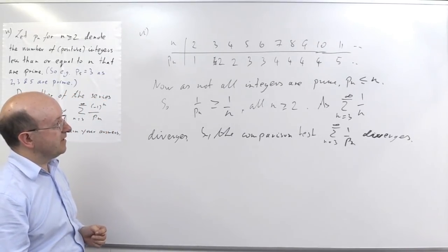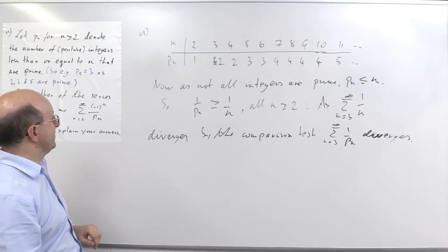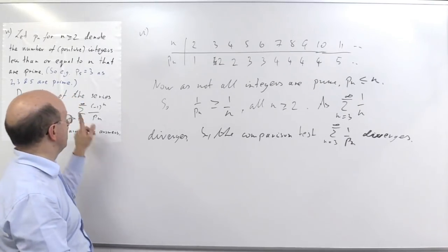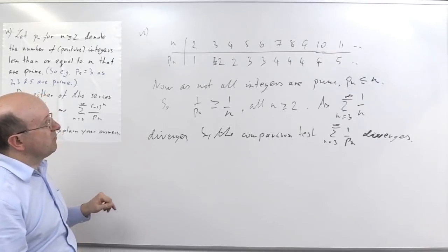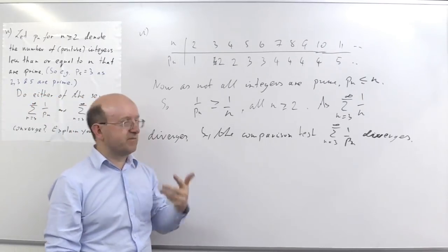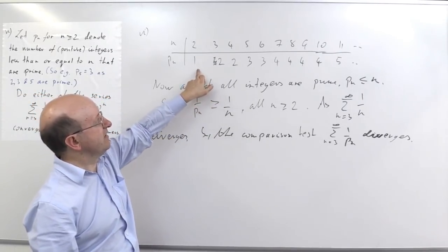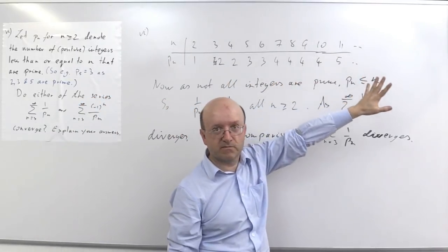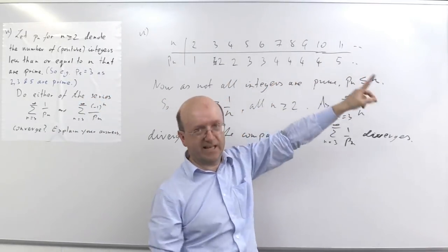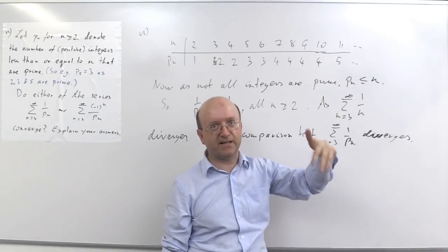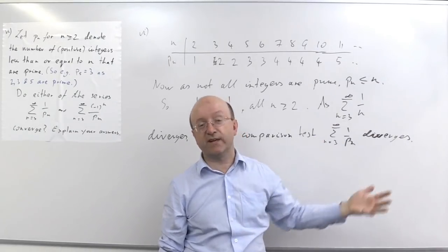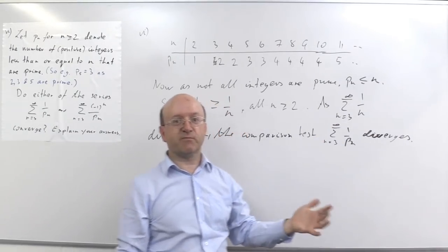Okay. What about this here? What about the alternating sum minus 1 to the n over Pn? Well, that's where we need the other observation I've got here, which is that this sequence is clearly monotonic. So Pn plus 1 is bigger than or equal to Pn, because you're only ever going to get more primes. If you have a prime, you've gone up by 1.